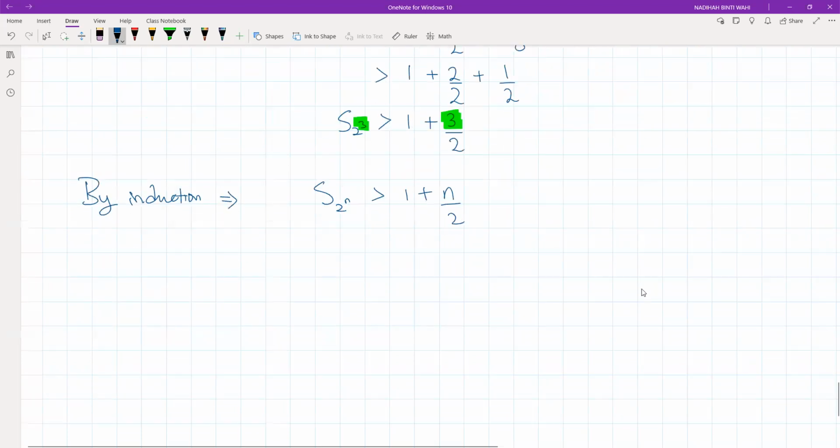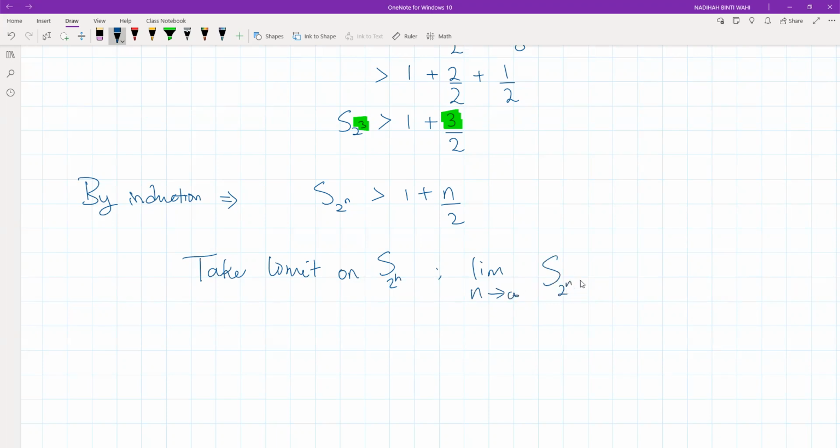Okay, so if I take the limit to see if the partial sum is convergent or not. So if I take the limit on this partial sum as 2 to the power of n, as n goes to infinity, for S of 2 to the power of n, this is equal to 1 plus n over 2, it goes to positive infinity.